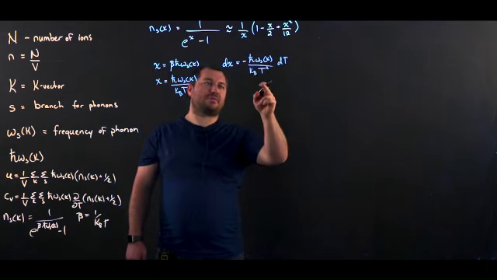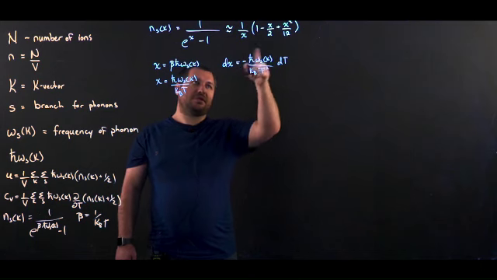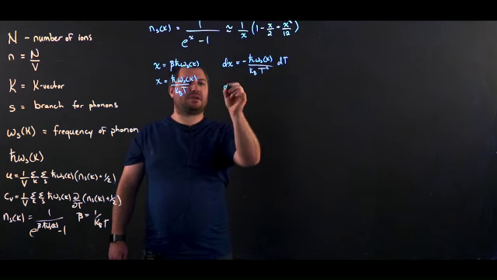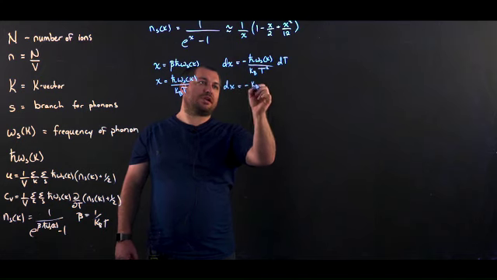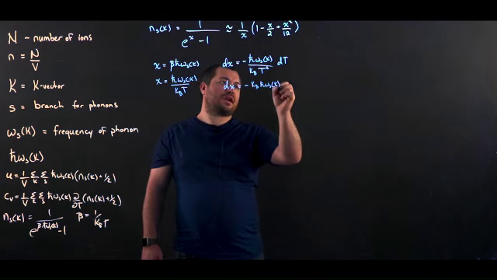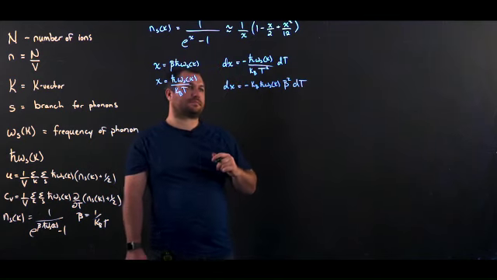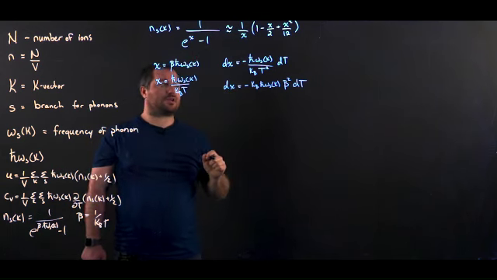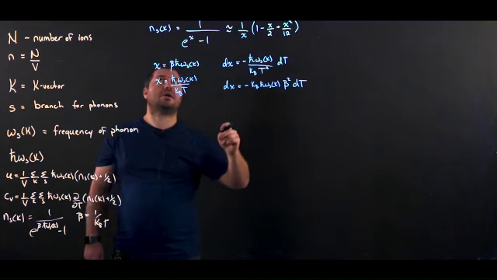And I can throw my beta back in because beta is just 1 over k_B T. And if I do just 1 beta, I'm going to have this whole thing over T. I can multiply the top and bottom by k_B to give me dx is equal to minus k_B h bar omega_s of k with a beta squared dT. Now this takes our substitution term and gives me something that I can make a derivative out of. So I can take dx by dT and have this term.